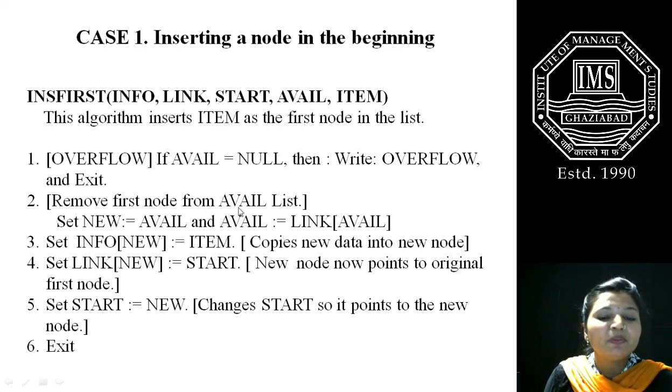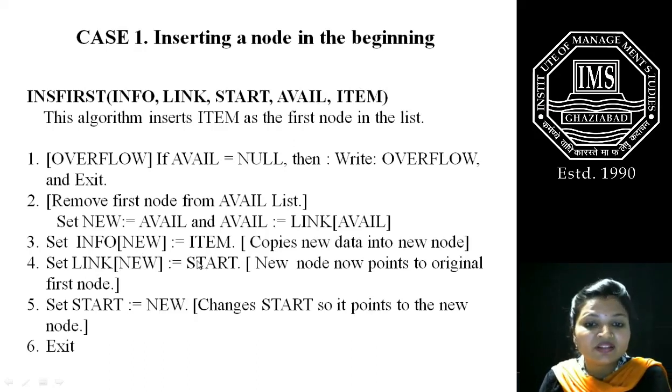Otherwise, if memory is available, we will assign the first node of the avail to new, and now avail will point to the next node in the avail list. We will assign the information to this new node, means the info part of this new node will contain item, that value you want to insert in the node, and the link part will contain the address of start.